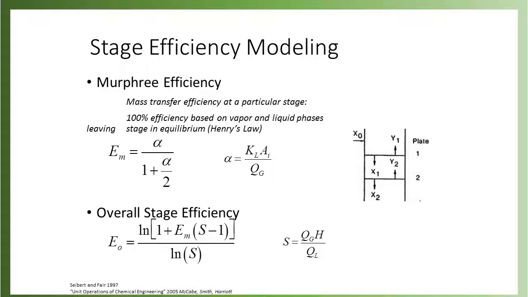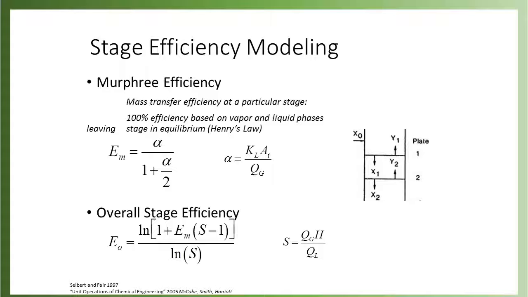Now we use the Murphy efficiency equation, and this has actually been applied in liquid-liquid systems. So Frank actually had done a lot of work looking at using this model for the same membrane in a liquid-liquid exchange system. The concept here is that your efficiency is a function of alpha, and alpha is a function of the area, but that area doesn't change.